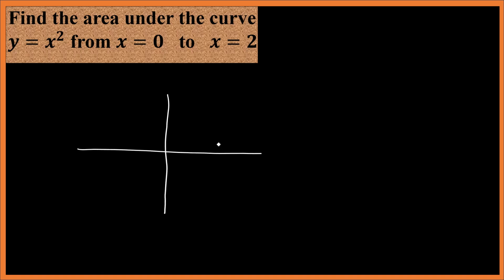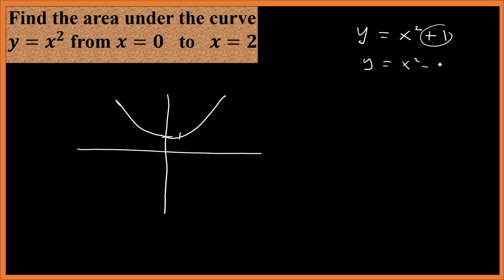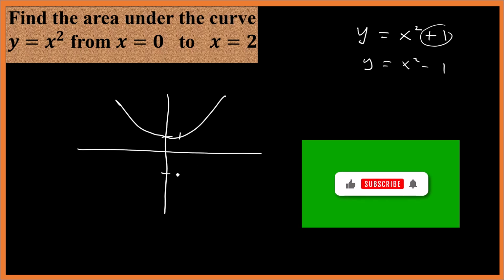Now when we have y equals x squared plus 1, the curve will pass through 1, okay, so we have 1 here. And y equals x squared minus 1 will pass through negative 1, okay.